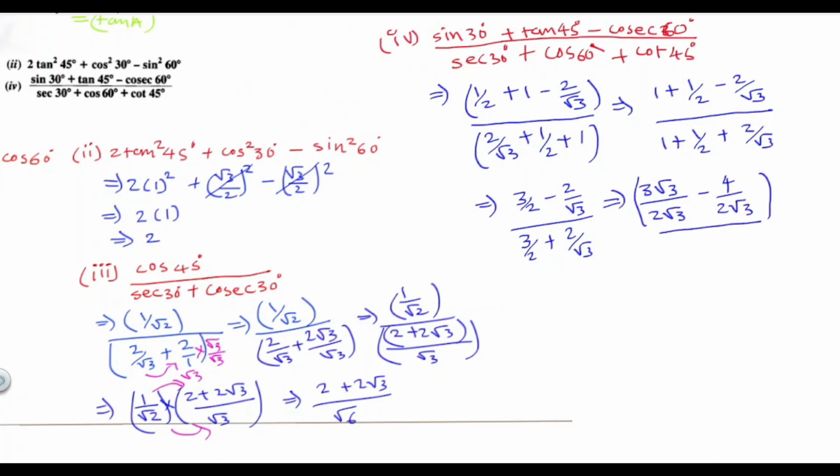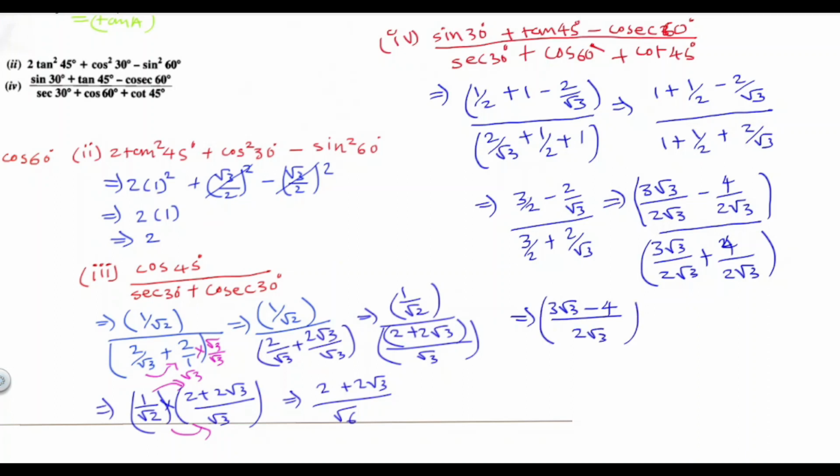Okay, now here we apply the same: 3 root 3 divided by 2 root 3, plus 4 divided by 2 root 3. Okay, now this 3 root 3 minus 4, we can write it as 3 root 3 minus 4 divided by 2 root 3, right?